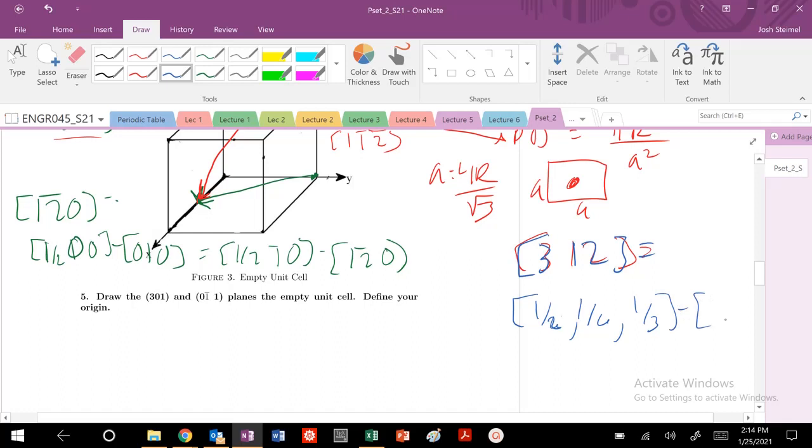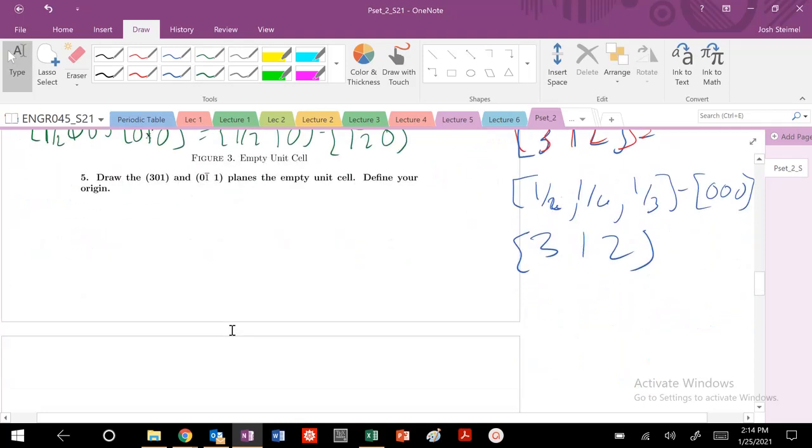That's going to be a finish, and this is going to be our start. That gives us a half, half, half, so we need to multiply by 6. That's going to give us 3, 1, and 2. So I need to start from here and finish at a half, a 1/6, and then a 1/3. We're going to go up to here. So that's that direction. So draw those intercepts.